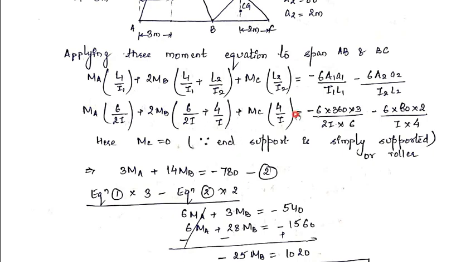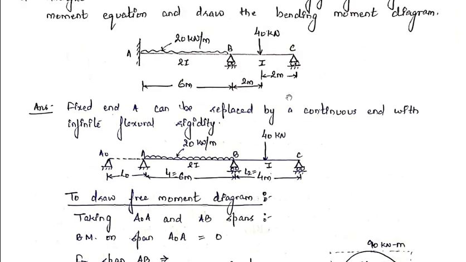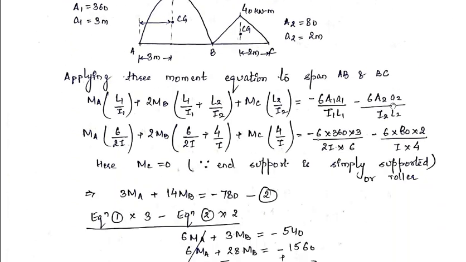If you see the complete beam which is given, this C support is your roller support, and when the end support is a roller or hinge, the bending moment is 0. So the value of MC will be equal to 0. While solving this equation, put MC equal to 0.